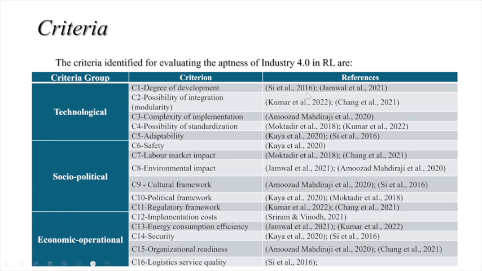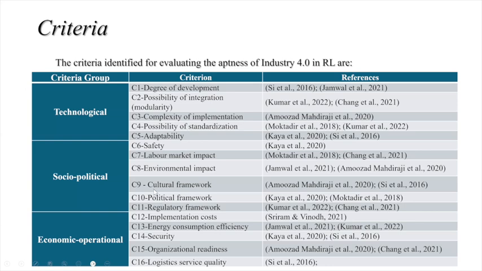We went into the articles which were related to reverse logistics. We got good papers of Mahdi Raj, Kumar et al., and C et al. There were very good papers that have dealt a little bit with reverse logistics and Industry 4.0. So we were able to select our criteria.